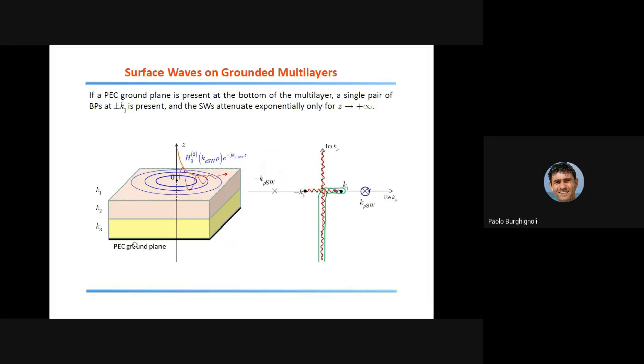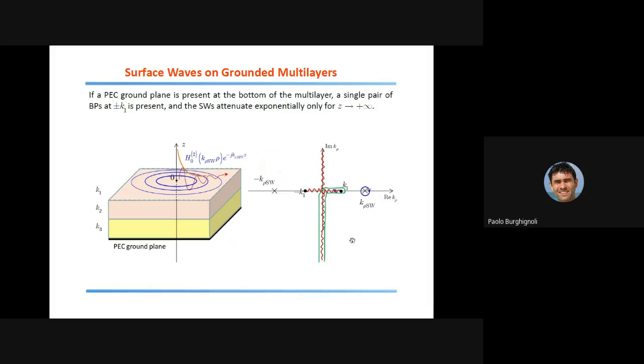And so in this case, you only have one pair of branch points, those associated with the wave number k1 in the upper semi-infinite medium. So the situation is somewhat simpler. You have here the integral along this branch cut, which gives you the continuous spectrum of modes. And then there is the residue contribution from this pole, that gives you the discrete spectrum.